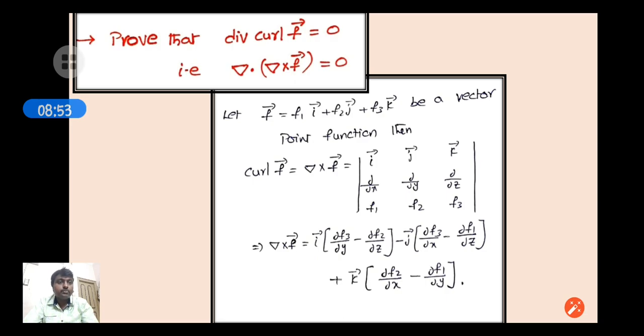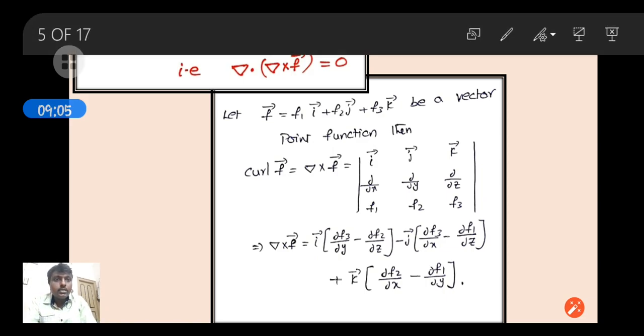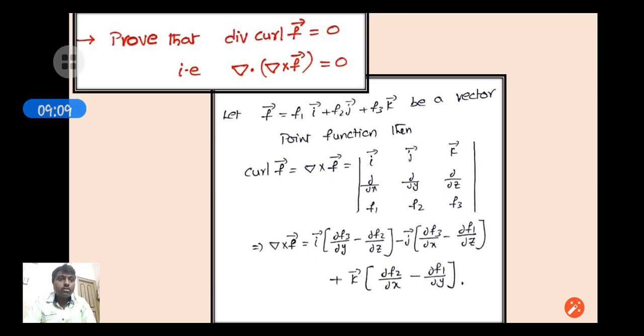So curl f bar is equal to del cross f bar, which is the determinant of i bar, j bar, k bar; dou by dou x, dou by dou y, dou by dou z; f1, f2, f3. From the definition I can write the curl f bar.